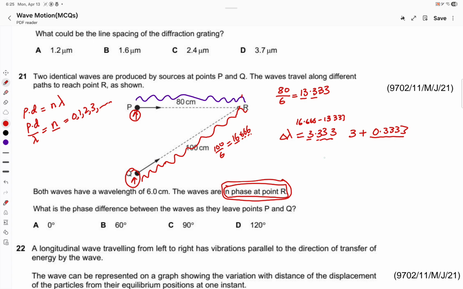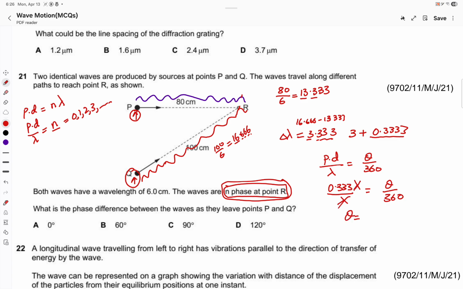Now, a standard formula for finding the path difference out of lambda is theta upon 360. If I take this 0.333 as the difference between the two waves, in terms of lambda, lambda will be cancelled out.